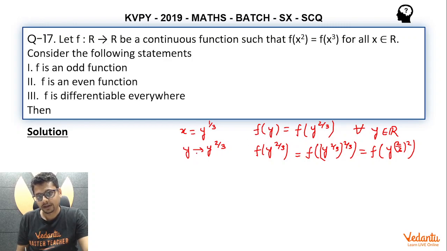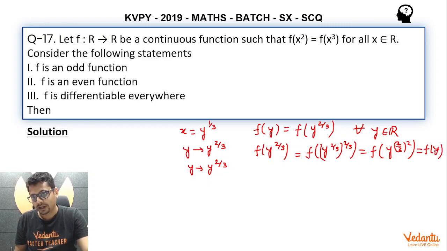Now again, if you put y to be y to the power 2 by 3. Let me write it as f of y, because f of y is equal to f of y to the power 2 by 3 as per this first equation, and this is also equal to f of y to the power 2 by 3 whole square.